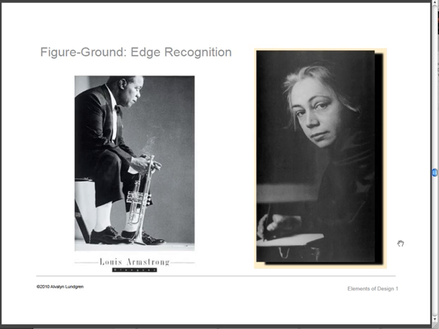Where figure sort of blends with the background and we kind of lose edges, the ability to distinguish the figure from the ground becomes much more difficult. So if we're looking at the poster of Louis Armstrong and we look at all of him as figure, and there's a lot of complexity within that silhouette, then the light area here and the gray here and even the ground plane becomes ground.